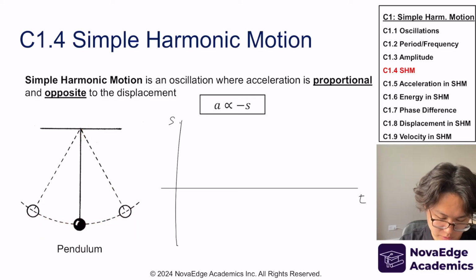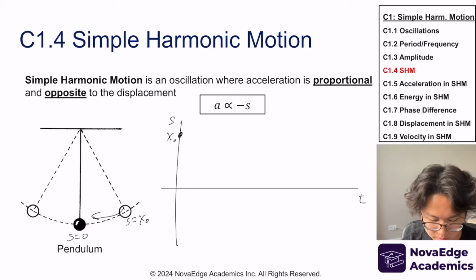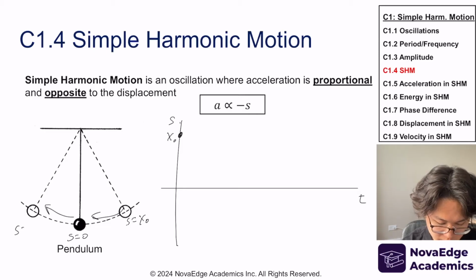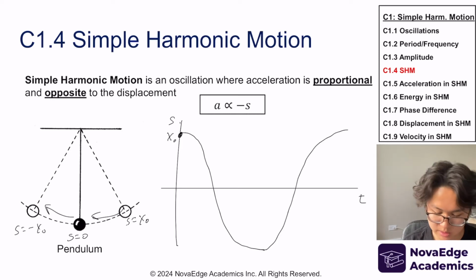I'm going to start from maximum displacement here, that's x naught, by the way. And then I'm going to go to the middle, s is equal to 0, and then go further, s is equal to minus x naught, right? So it's actually going to look something like this. And then, well, it's a cycle, so it's just going to keep going like that, right? So that's how it looks.